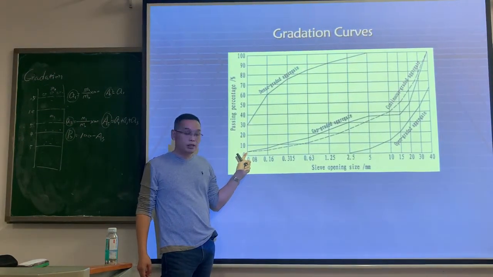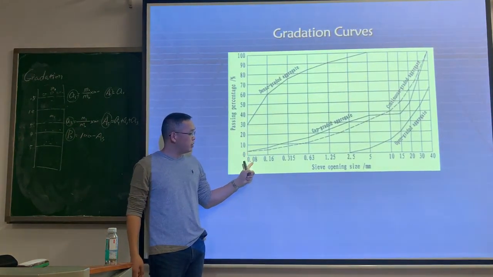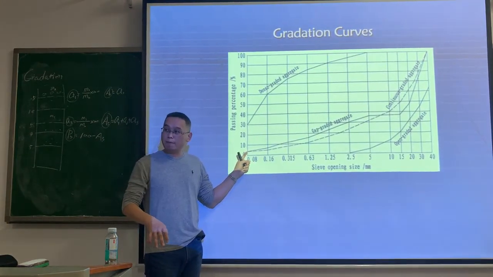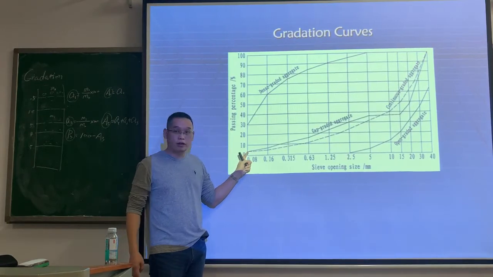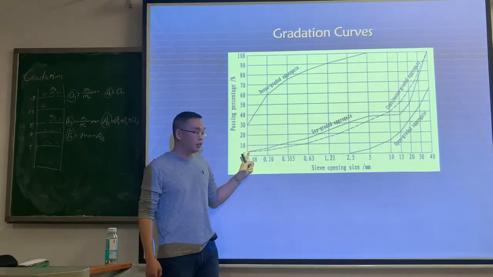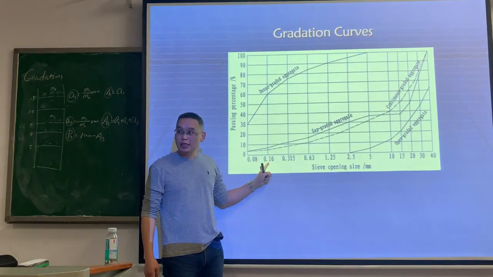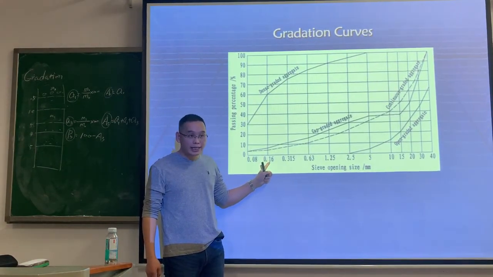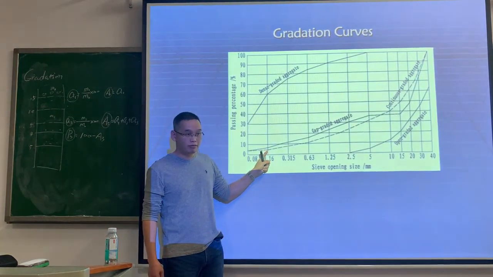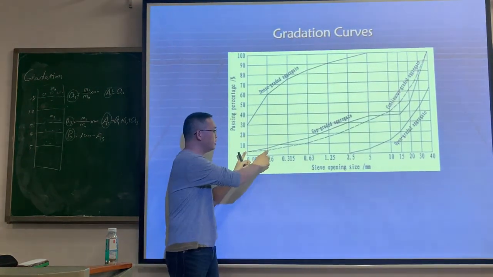This is for the 0.08. The passing percentage is about 4%. And for the 0.16, the passing percentage is about 5%. So this is 4, this is 5.